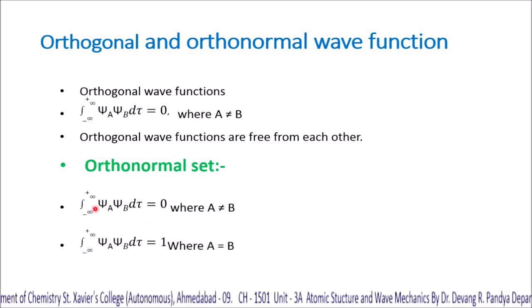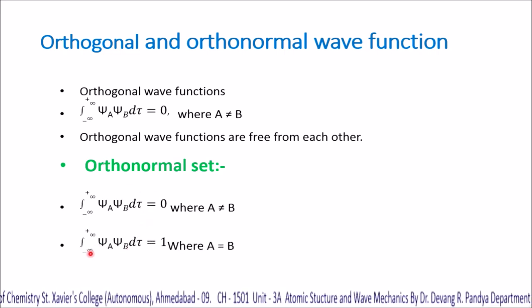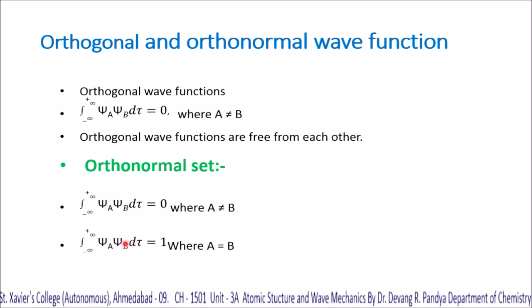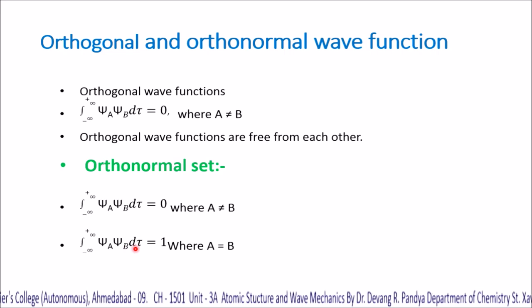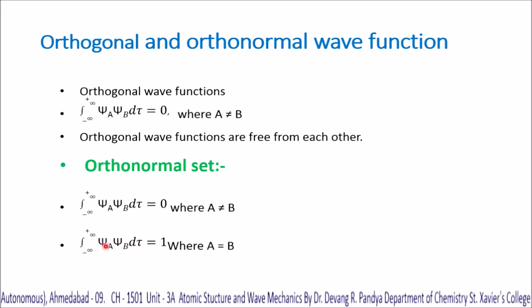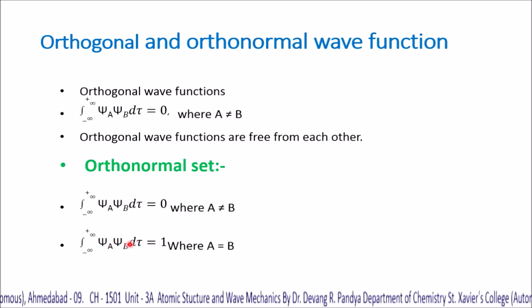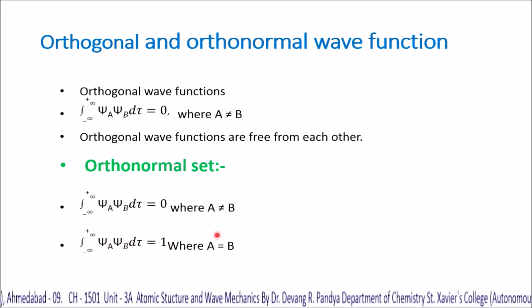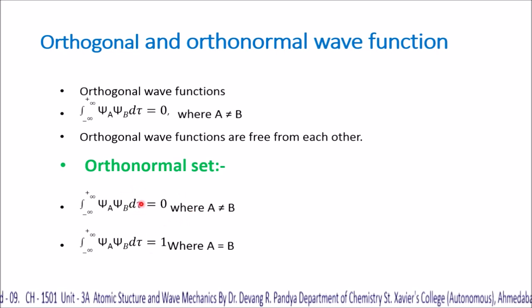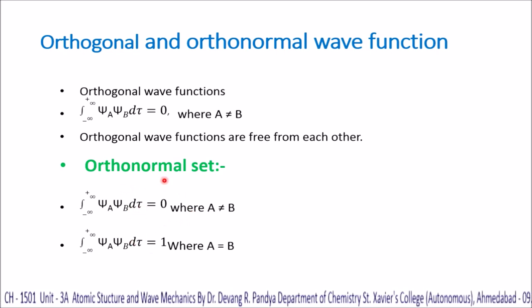And in the same condition, if the integration of psi a and psi b from minus infinity to plus infinity over the small volume of space d tau is 1, where a and b are similar, that means a single particle, then it is considered normalized. So this is the orthogonality condition, this is the normalization condition, and together it is known as an orthonormal set.